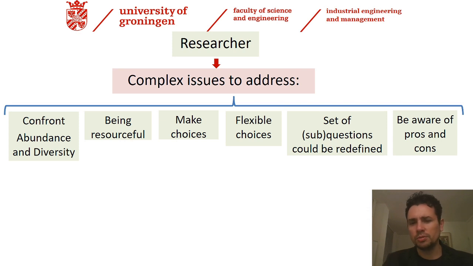There are, of course, advantages and disadvantages, pros and cons, depending on the material that the researcher chooses. For instance, you can decide that the way to proceed is an artifact that represents a prototype, a pilot that should be built in order to generate the data. That's one way to proceed.